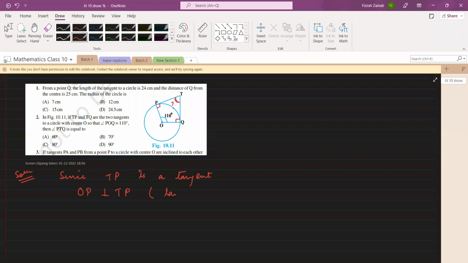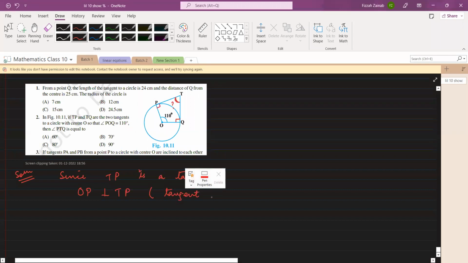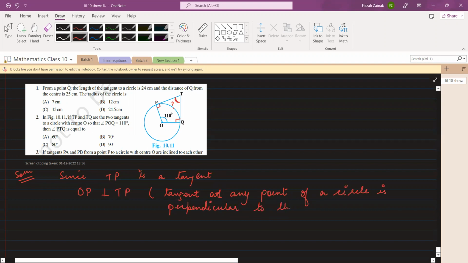Tangent at any point of a circle is perpendicular to the radius through the point of contact.